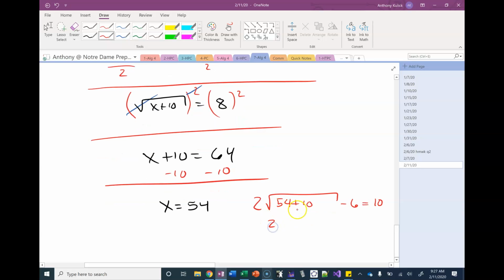So if I do that, 54 plus 10 is 64, and the square root of 64 is 8. And 2 times 8 is 16, and if I subtract 6 from that, I do get 10. So this answer is correct and not extraneous.